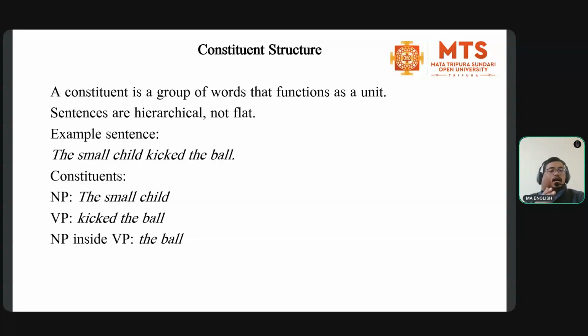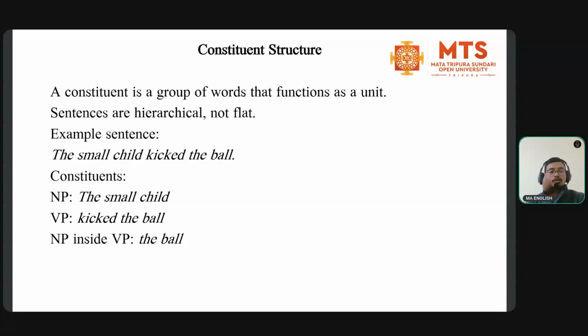Let me repeat it again. In syntax, hierarchy means that some parts of a sentence are inside other parts, right? So think of a sentence like a tree, not just a straight line. Some branches join to form bigger branches, right? So similarly, words join to form phrases.